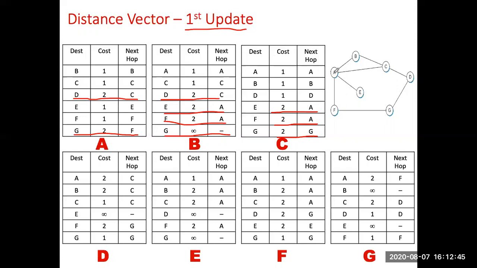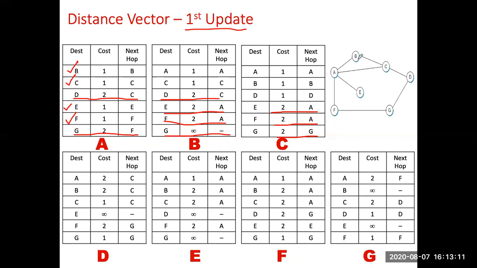For example, A has the information of B, C, and D. It will share the information with B, C, and D. Sorry, not D, but B, C, E, and F. As these nodes were known to A, it would share the information with all these four nodes.